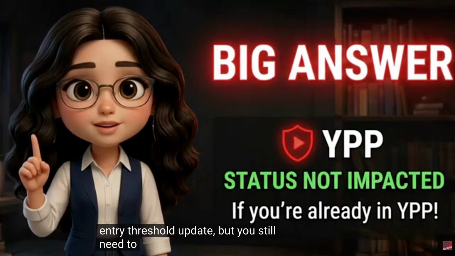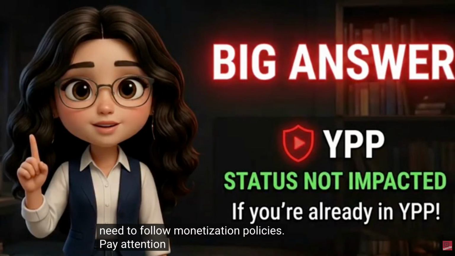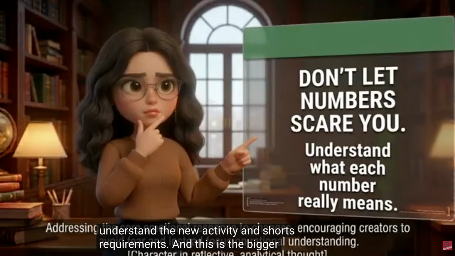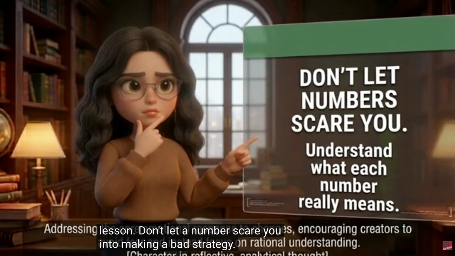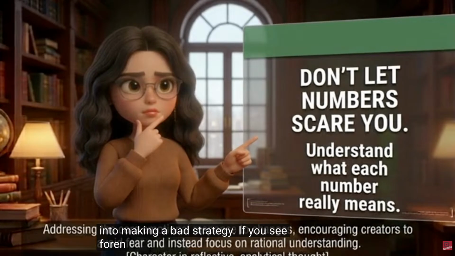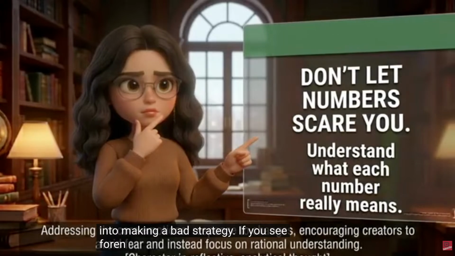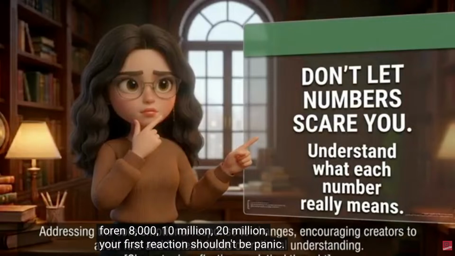But you still need to follow monetization policies, pay attention to updated terms, and understand the new activity and Shorts requirements. And this is the bigger lesson. Don't let a number scare you into making a bad strategy. If you see 4,000, 8,000, 10 million, 20 million, your first reaction shouldn't be panic. It should be, what exactly does this number control?